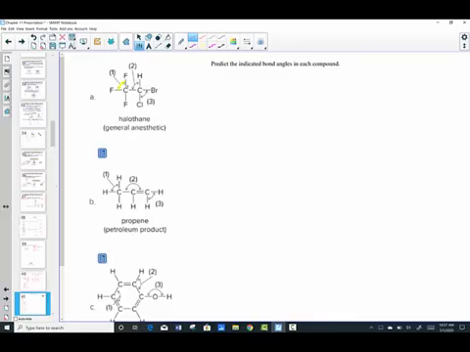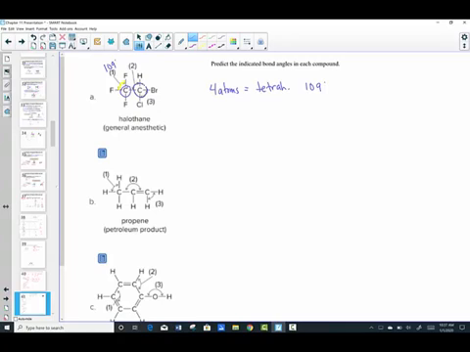The central atom here is carbon, and carbon is attached to 4 atoms. Knowing that makes it a tetrahedral molecular geometry, so the bond angle is 109 degrees. So right here, this is approximately 109 degrees. The same is true for this carbon. It's also attached to 4 other atoms.